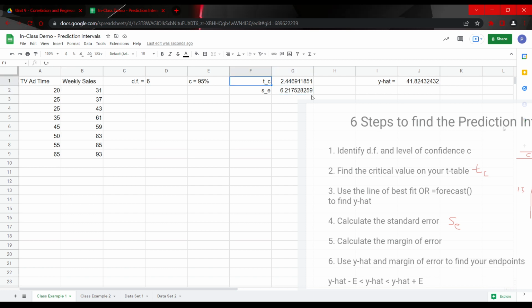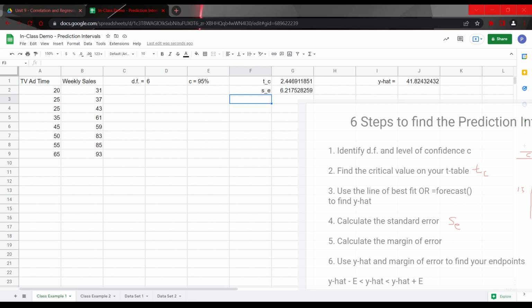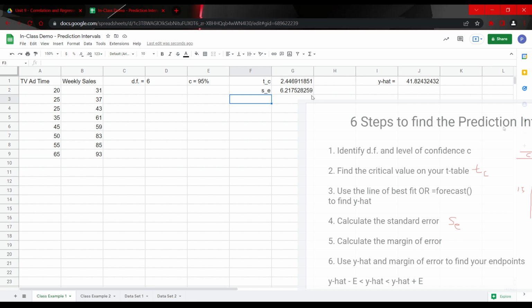We got this critical value, we got a standard error, and now we need to do the long equation. And so I'm gonna just make this into several parts. Down here, I'm gonna have, let me move all this a little bit. I want to have a column for x squared.